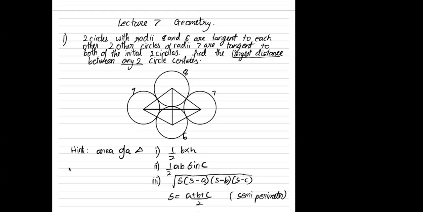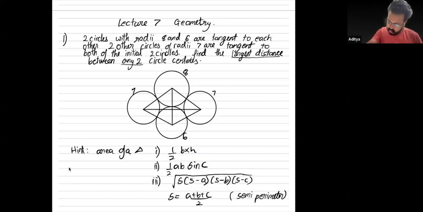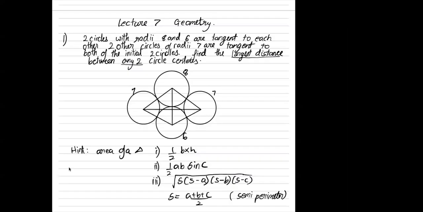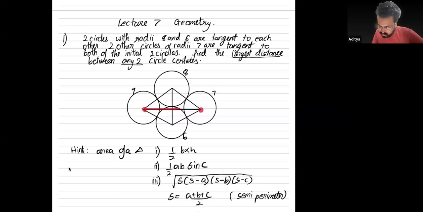Is it correct? Arush, not correct. Arush, which two circles have you figured the centers to be? The sevens. These two. Yeah. The thing is, this is the longest length. That is correct, but you have not figured out the length correctly.